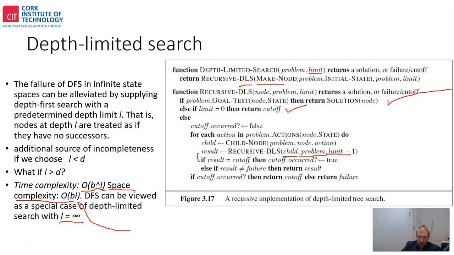So when is failure returned? Failure is only returned after we have searched, when the cutoff occurred is true, and that only occurs when our limit is equal to 0.